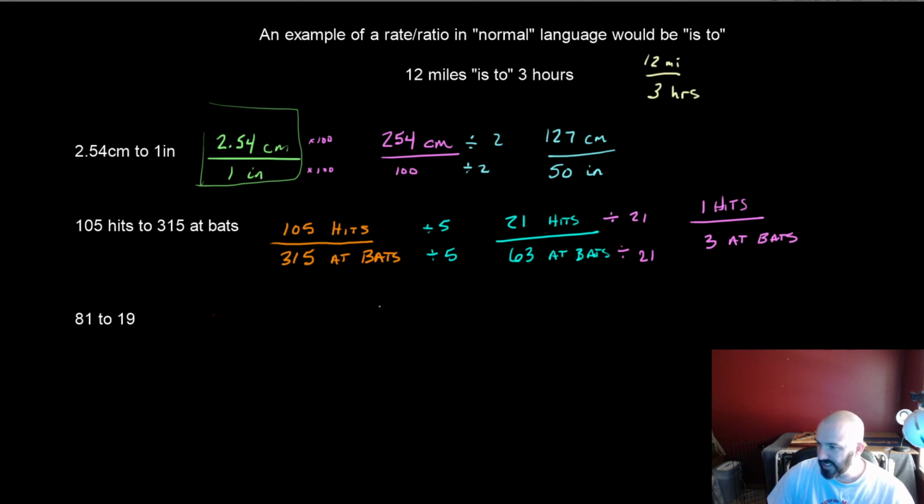81 to 19. Well, let's see. 81 is made up of 3s. If you did the prime factorization, you find out that there are four 3s that make up 81. 19 is prime. It's done. Now, these are called pure numbers. They're not measuring anything. They're not counting anything. They're just there.